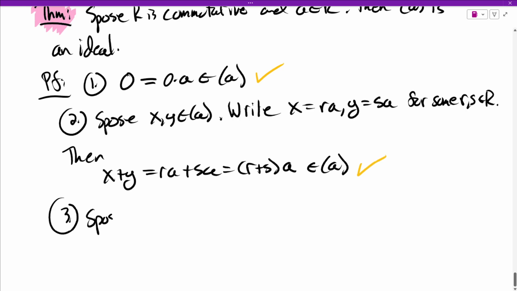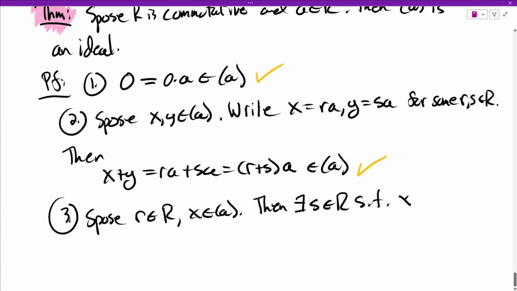Now we're going to suppose that r is in R and x is in (A), the ideal generated by A. Then there exists some, oh, I already used r, so I guess I have to use s. There exists some s in R such that x is sA.